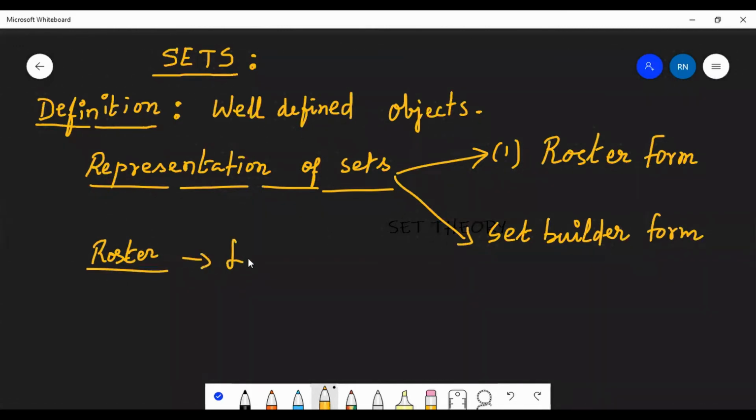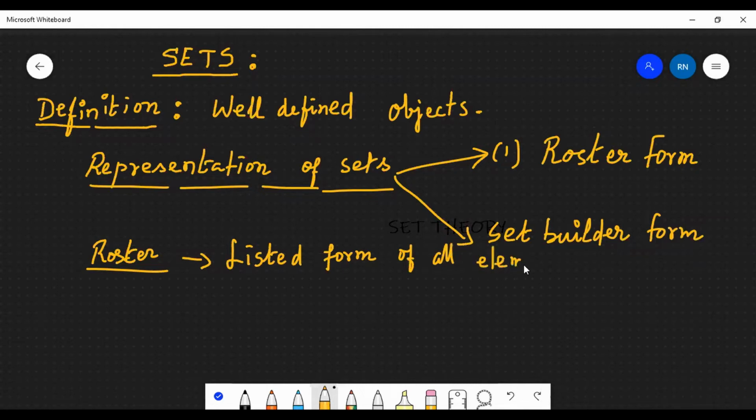Roster form is the listed form of all elements in the set. This is your roster form. The classical way you write it is with braces, and you write the names of elements, element 1, element 2.